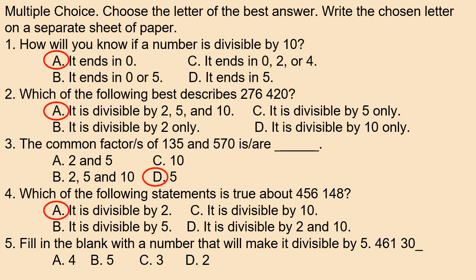And the last number, fill in the blank with the number that will make it divisible by 5. So our number is 461,300 blank. Let's find the answer, A, B, C, or D. Okay, so the correct answer is letter B. The missing number is 5.